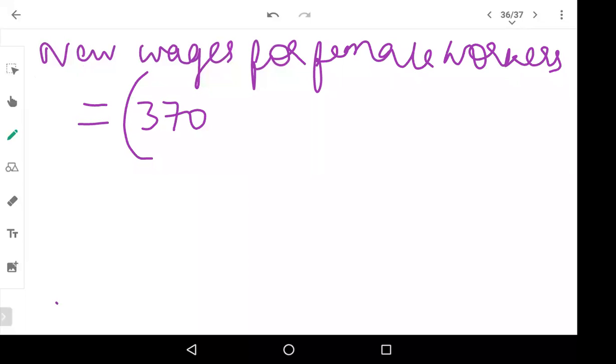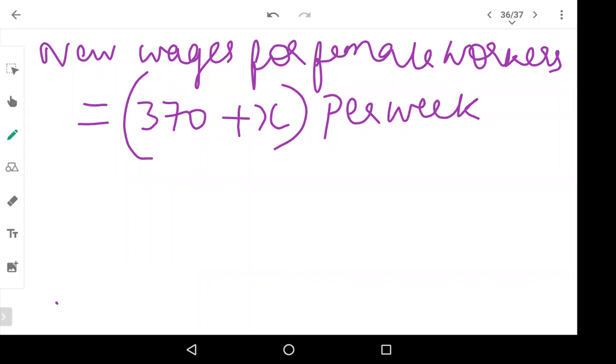And there is some increase, again some increase. We don't know how much increase. The 20% and all we'll see later. Original was 370 and there is some increase of wages per week. Okay, understood? Clear until here?